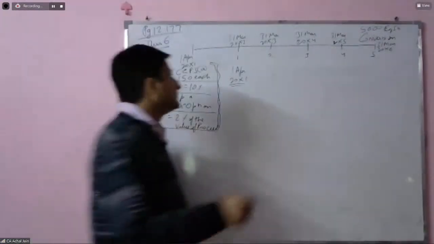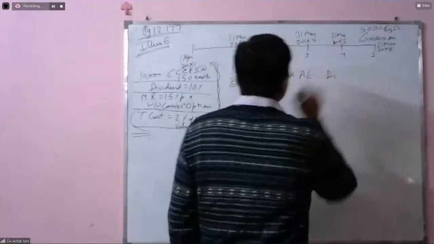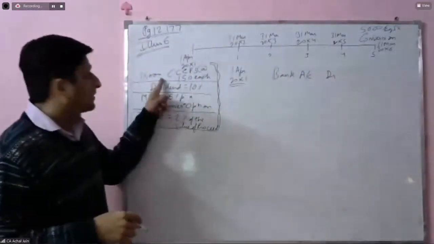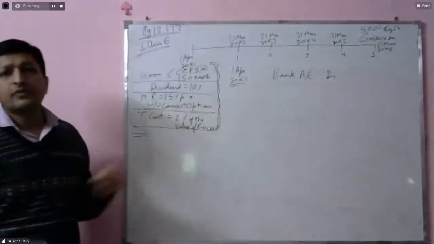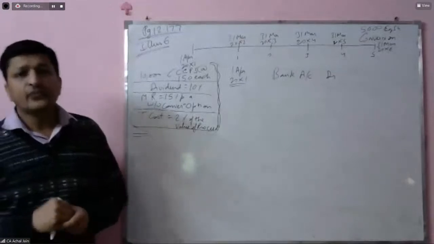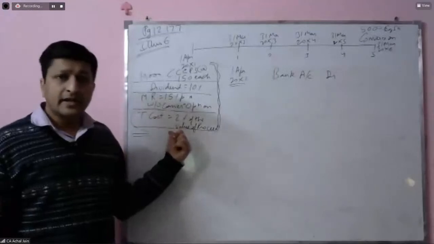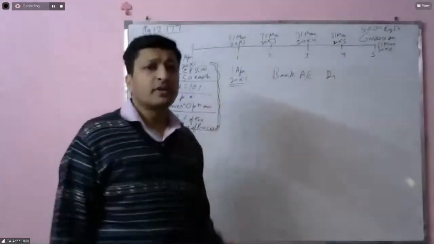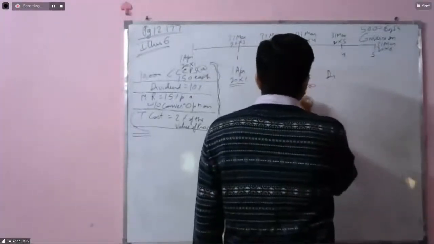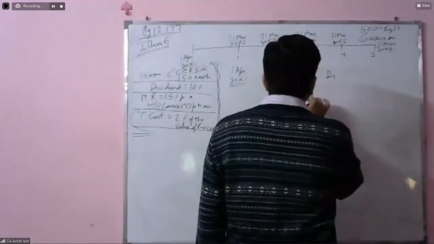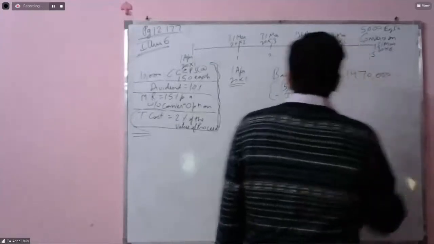Correct? Bank account debit, we are getting 15 lakh, but we are also incurring a cost of 30,000. Do we really get 15 lakh? No. So either we record 15 and reduce this 30 later on, which we don't do under India. So we will record 15 lakh minus 30,000, so this will be 14 lakh 70,000.